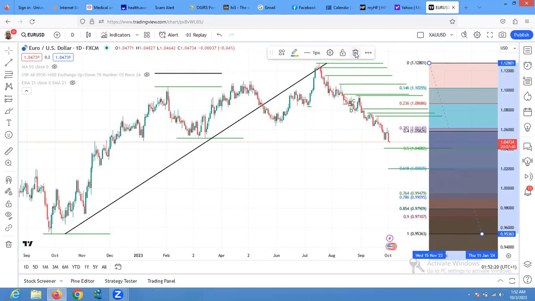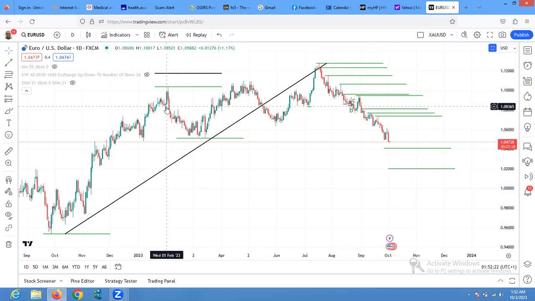So let's, in terms of trying to see these as a possible A, B, C, and this is at 1.4 and an extension of 122 to the downside.